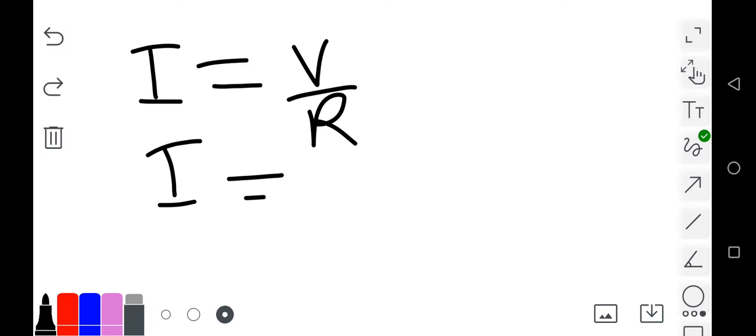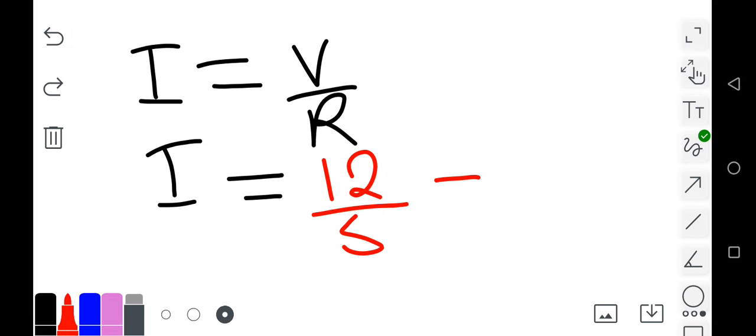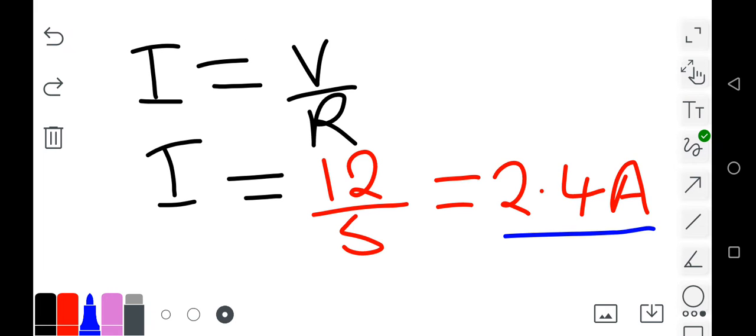So this is 12 divided by 5, and this gives us 2.4 amps. Remember, that is the current that we are calculating, and that's the answer.